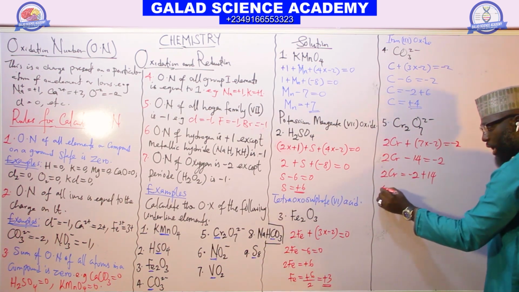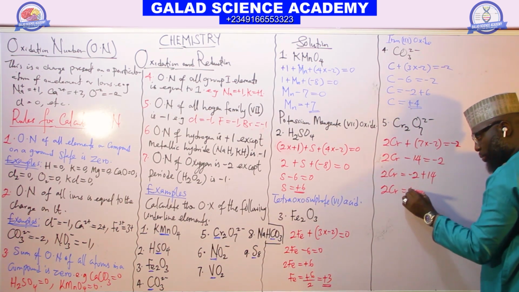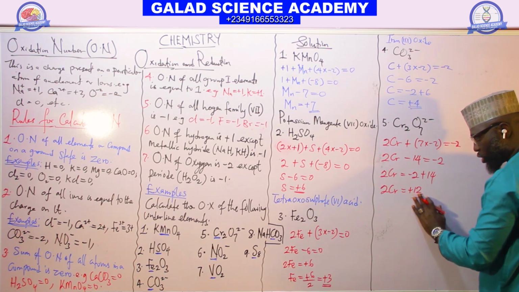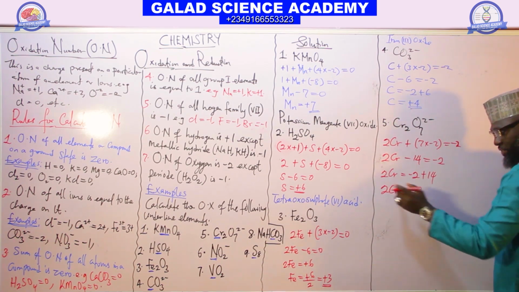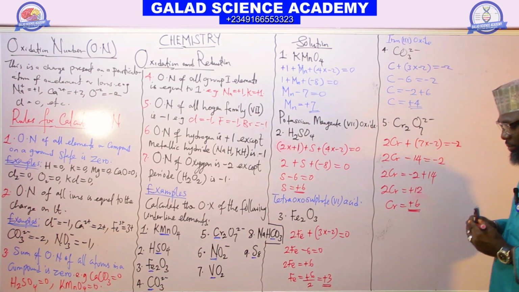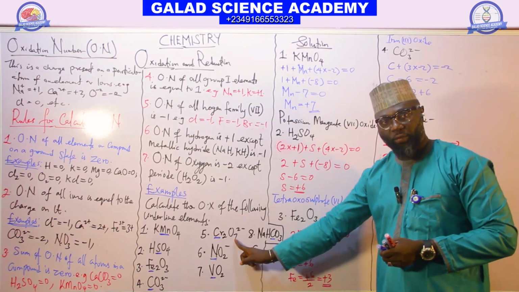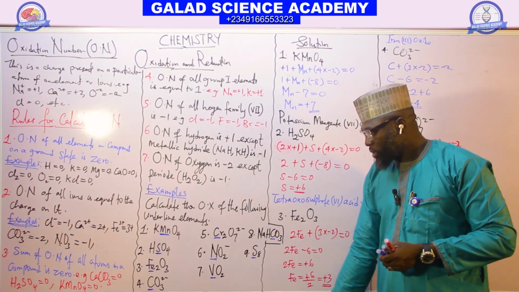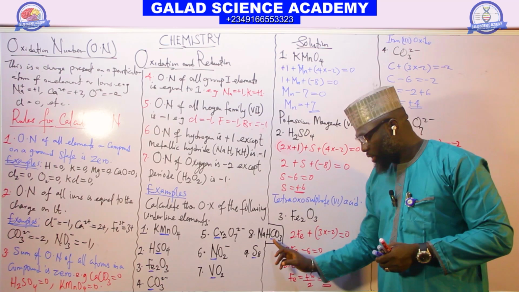If we add it together, 2 chromium gives you plus 12, divided by 2, chromium gives us plus 6. This is what we have here. So you can solve this and this one.